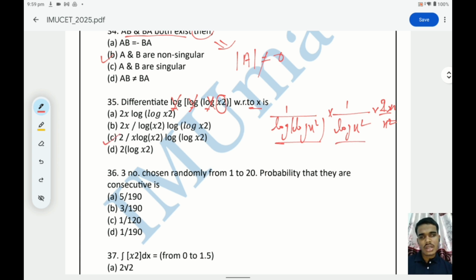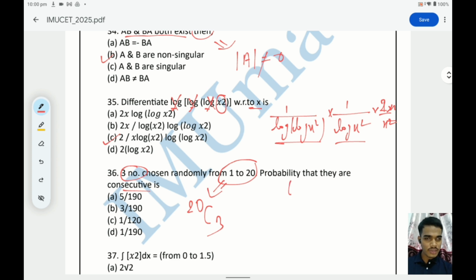Now, 3 numbers are chosen randomly from 1 to 20, and we need the probability that they are consecutive. From 1 to 20 we have to choose 3 numbers. It means the total is 20C3. And we have to choose them consecutive. How many options does it have?